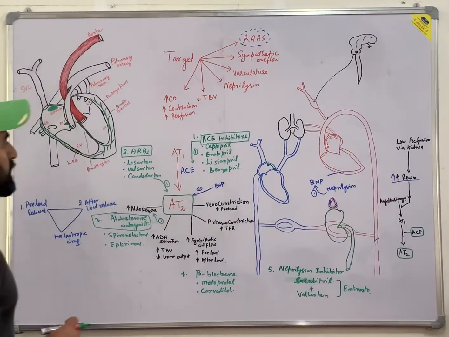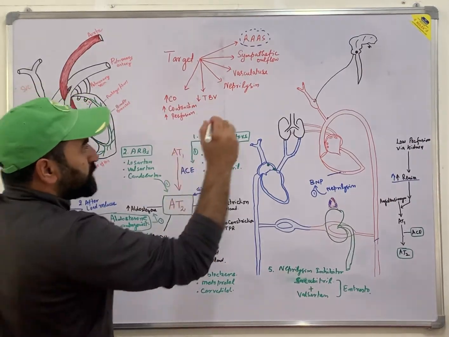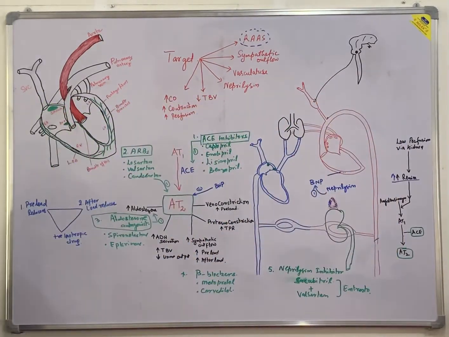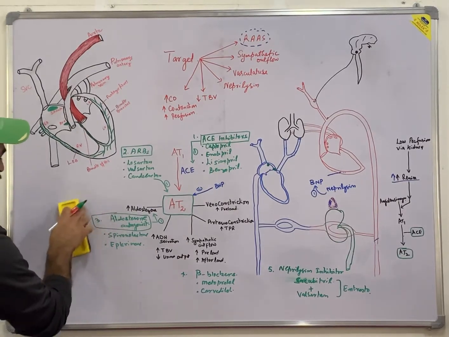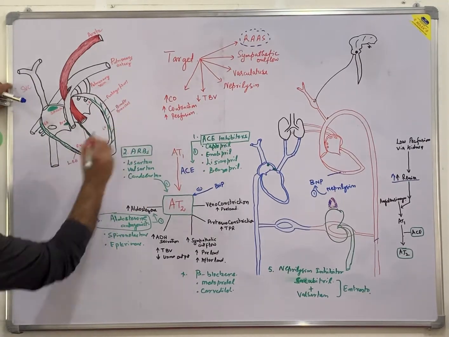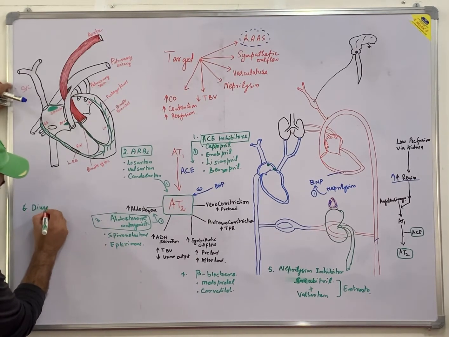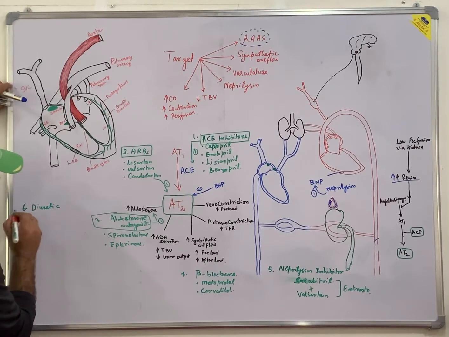Okay. Now, in order to decrease the total blood volume, you give number 6, diuretics, to reduce the edema and to decrease the fluid, the total blood volume.